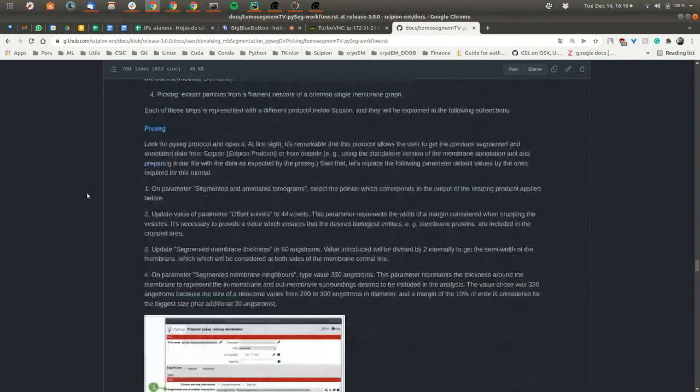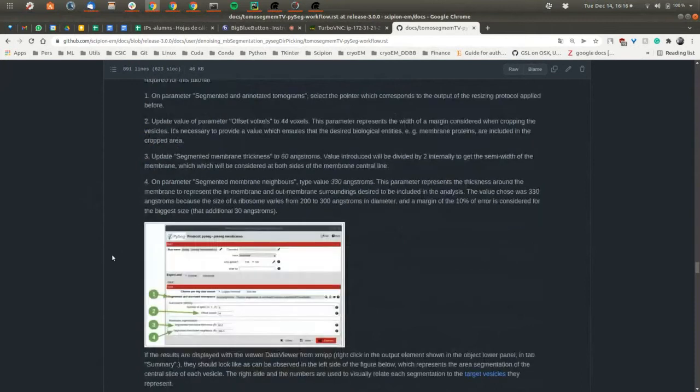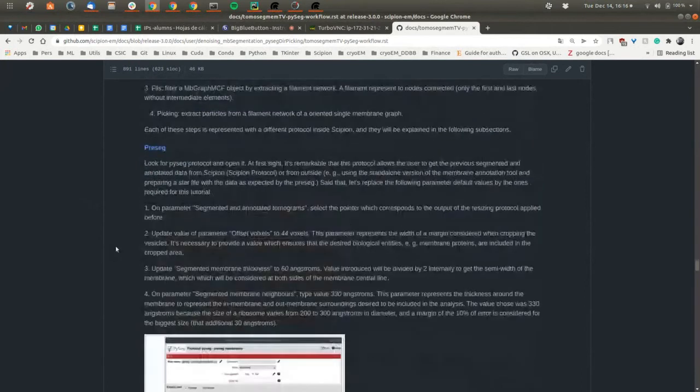Pyseg, as Antonio explained before, will provide us each membrane annotated in a more complex way, which means we have an index for the membrane, another index for the inner surroundings, and another index for the outer surroundings.